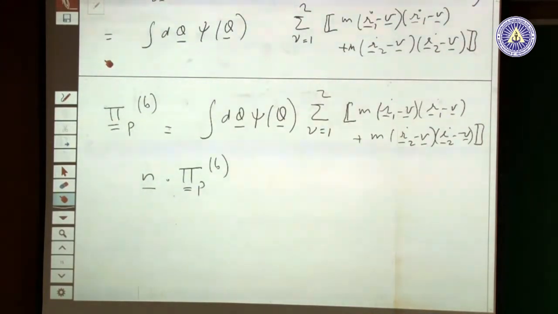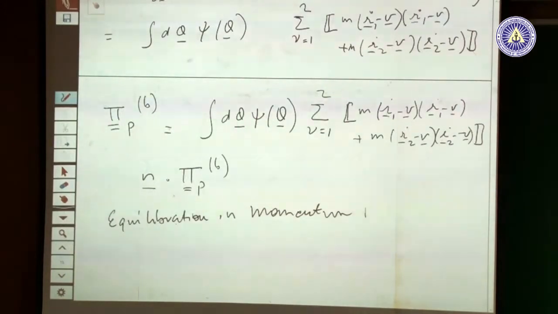Now, if you assume equilibration in momentum space, then you can show that this pi p b, because essentially you have to do this average over here, and that this momentum space average, if you know that the distribution function is Maxwellian about the solvent velocity, that is essentially a Gaussian distribution.